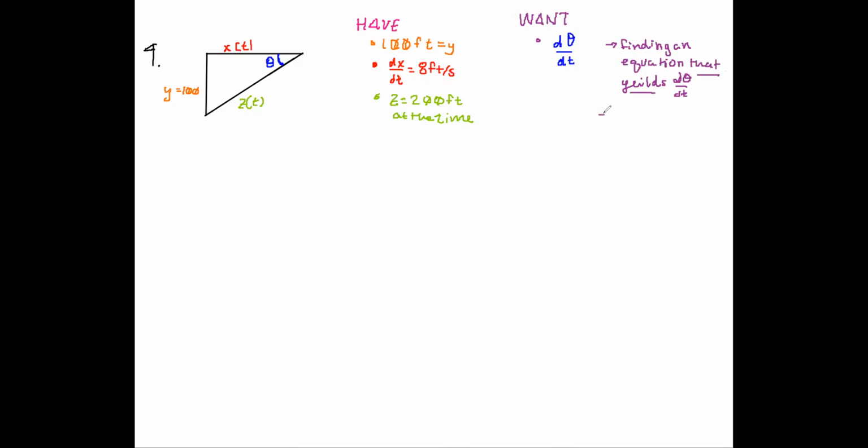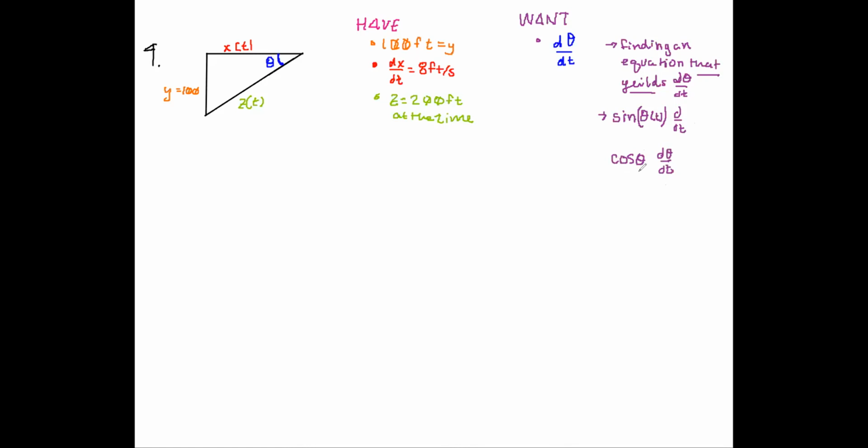What I mean is if I have a function, for instance, sine of theta, and this is theta of t, so theta changes with respect to time. If I were to take the derivative of this with respect to time, I would end up with the chain rule, so an end result of cos theta of t times d theta dt.